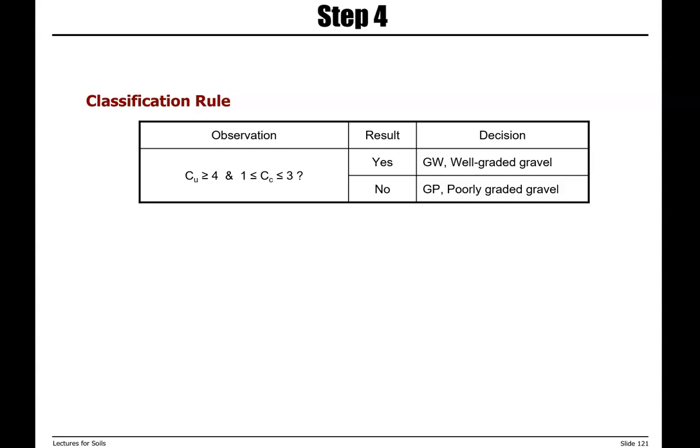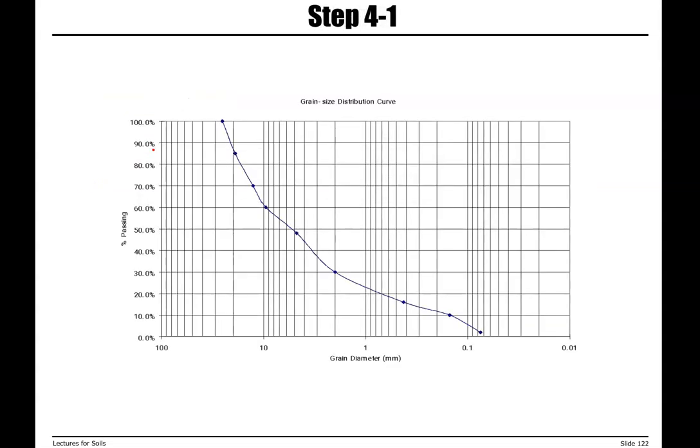This is the table that you need to use for a gravel sample. We have the results from sieve analysis. We find D60, D30, and D10.